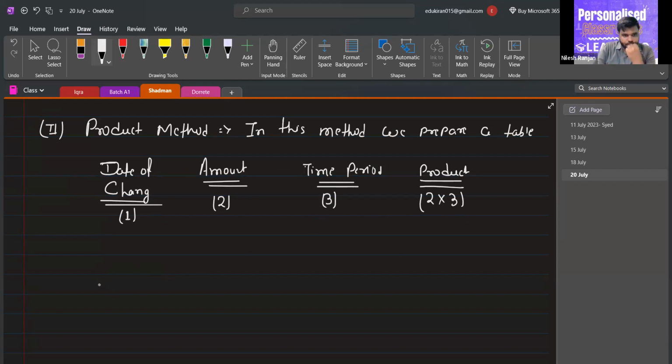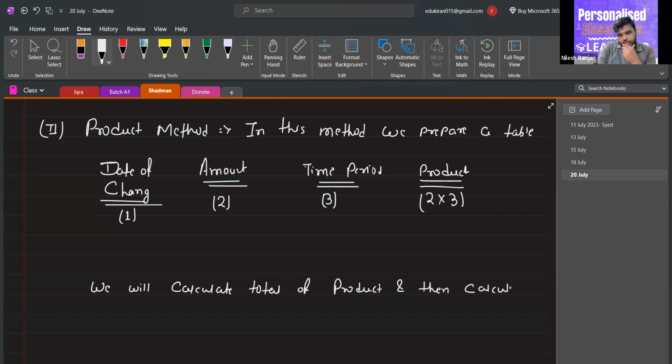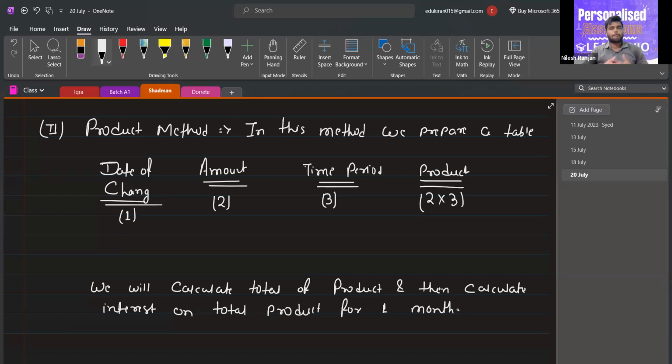After that, we will calculate the total of the product, and then calculate interest on the total product for 1 month. Is this clear? Yes, sir.